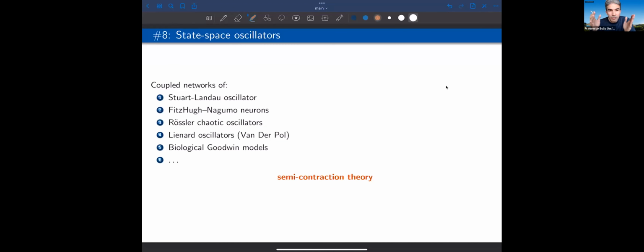But of course, many realistic systems are described in the state space, and one really should try to study state space oscillators. And what Zara showed, an equivalent language for it, is using the concept of semi-contraction theory. You're still using contraction theory. But you're not looking at the norm on the entire state. You're looking at pairwise differences going to 0.